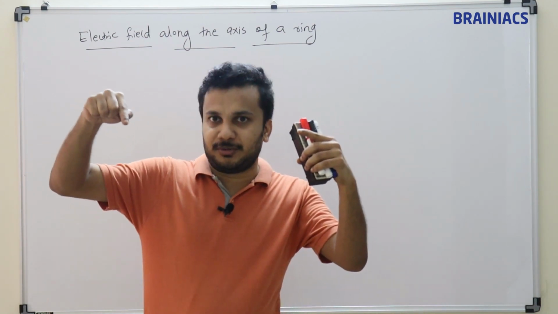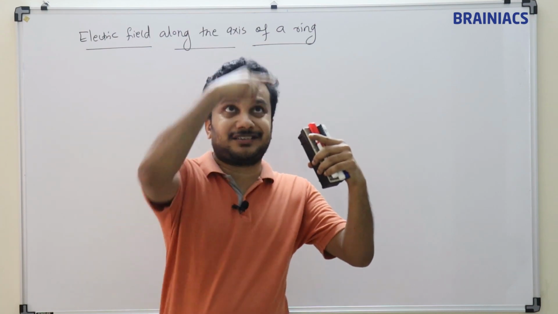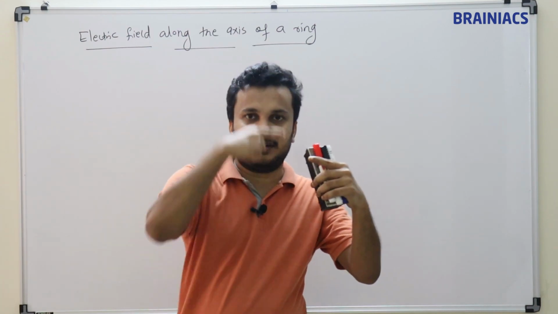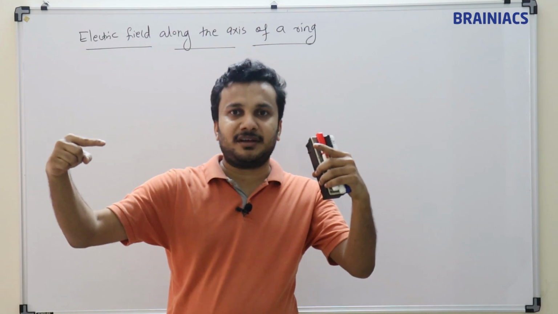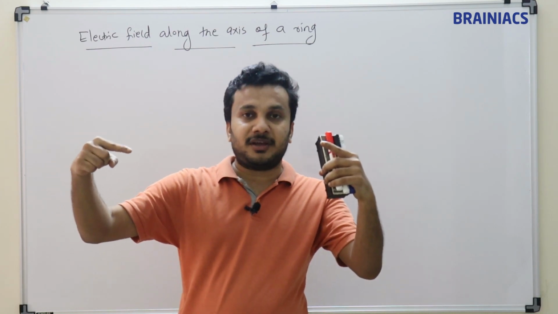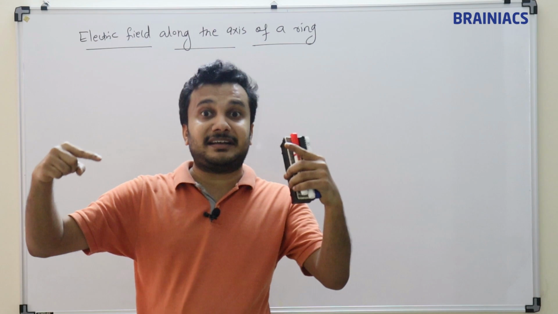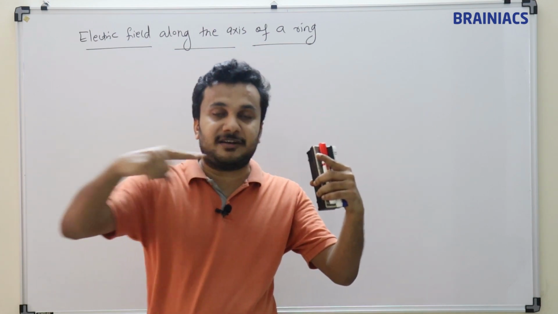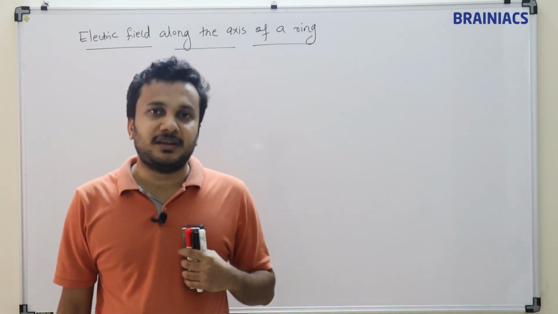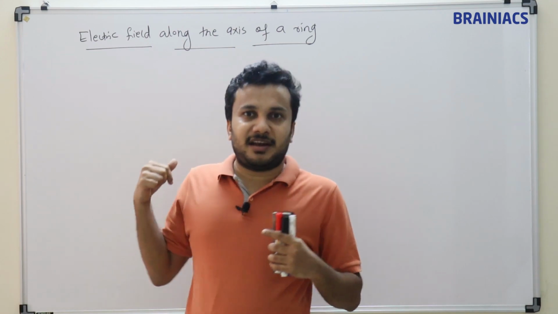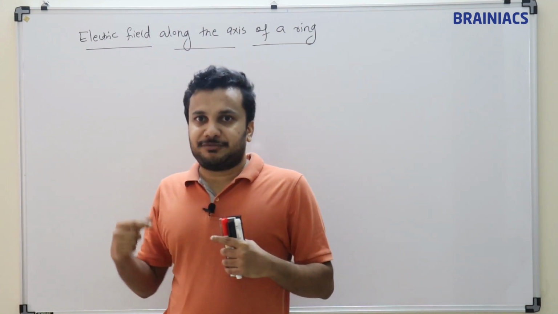Here you are going to find the electric field. So here you have a circle like this, and you are going to find the electric field intensity at this point along the central axis. We cannot draw a three-dimensional picture here.